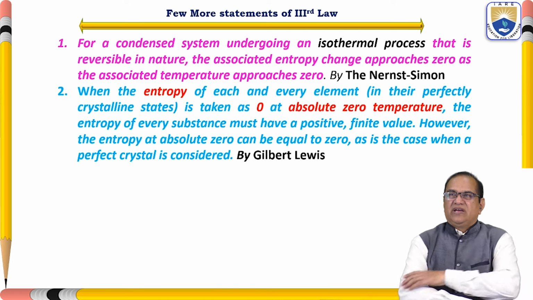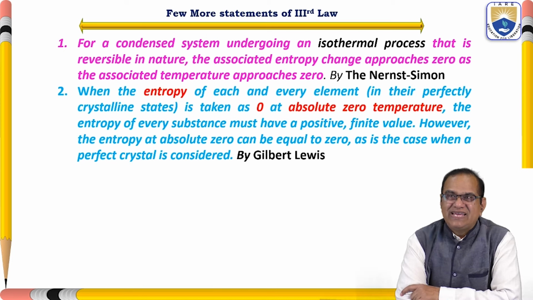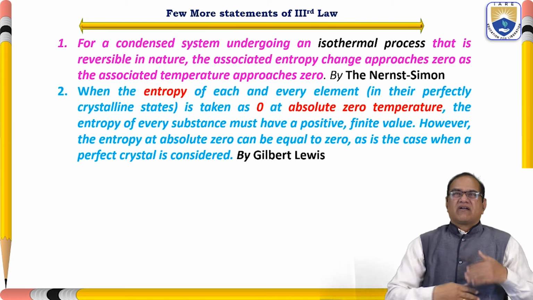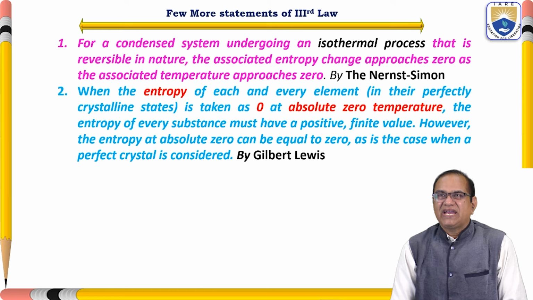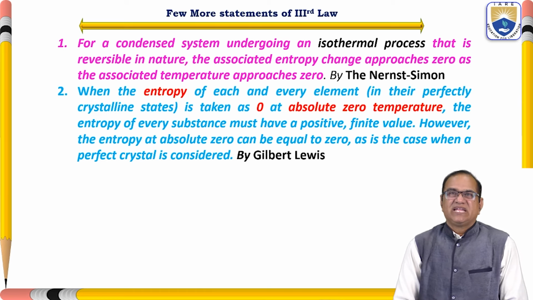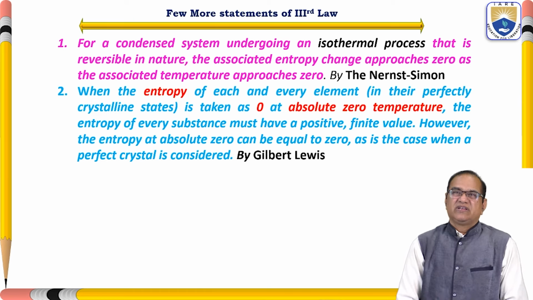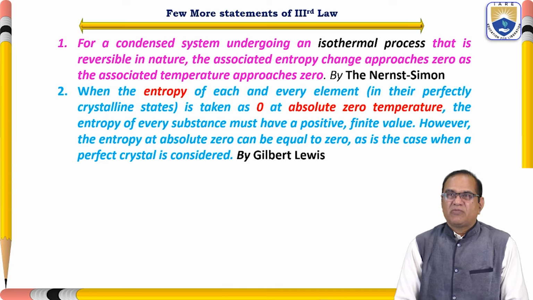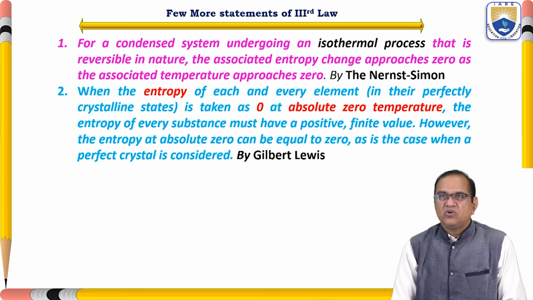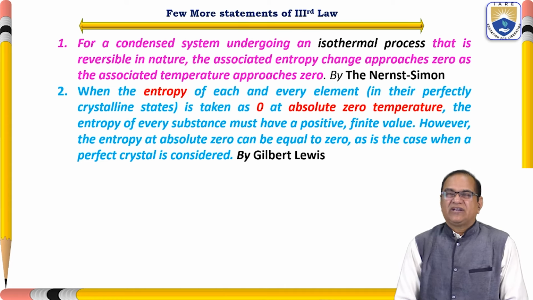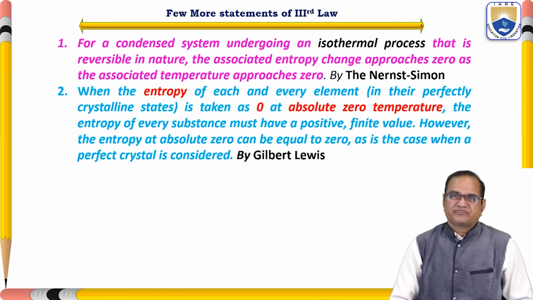That is by Nernst and Simon. These are the people who explained that for a condensed system undergoing an isothermal process that is reversible in nature, the associated entropy change approaches zero as the associated temperature approaches zero.